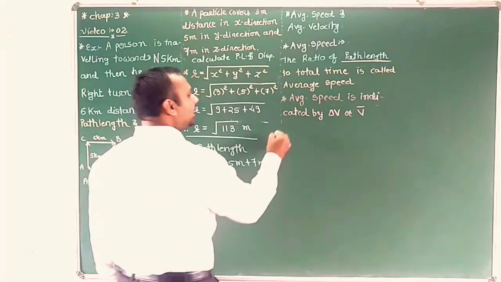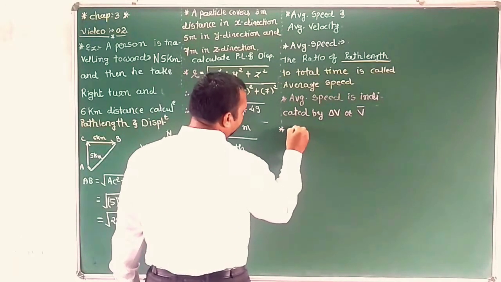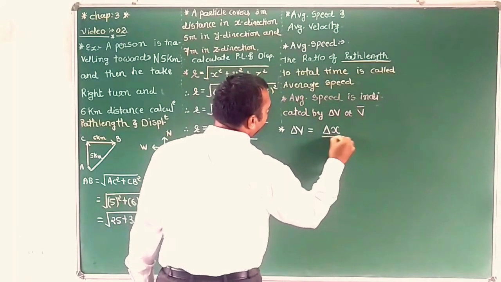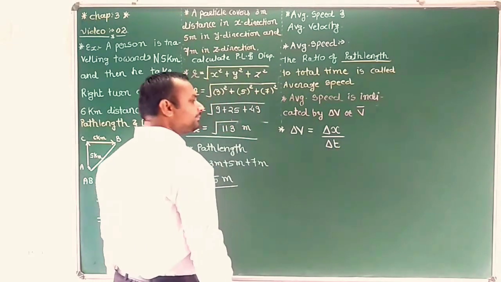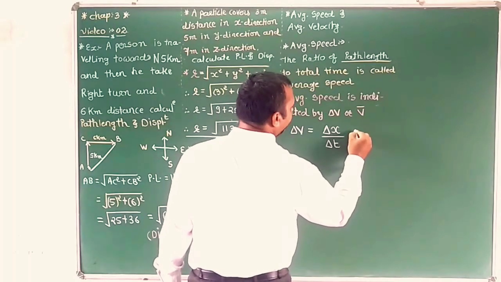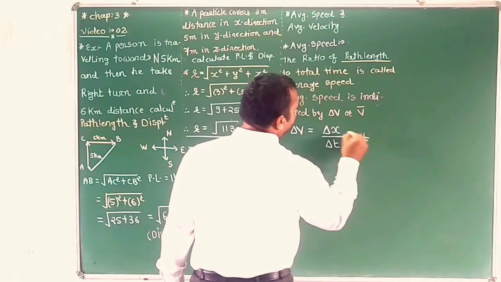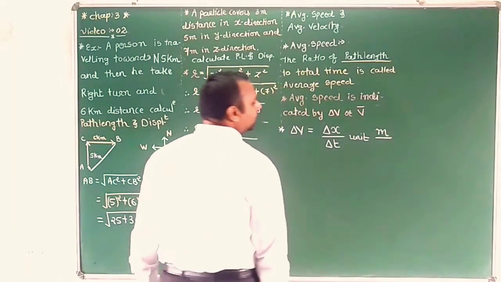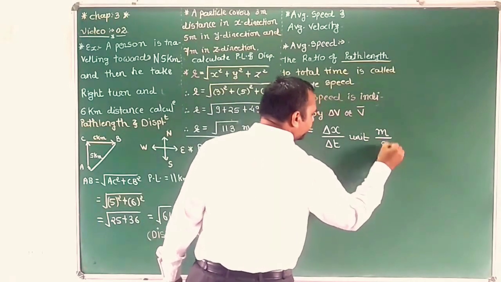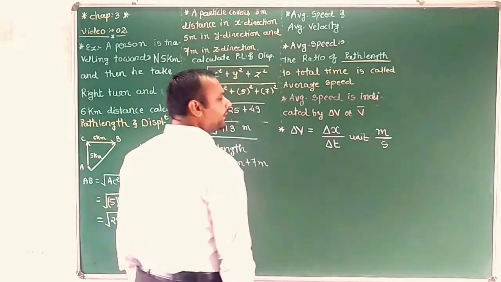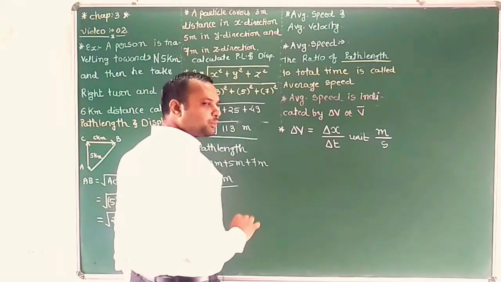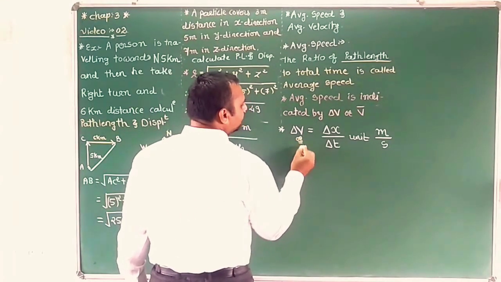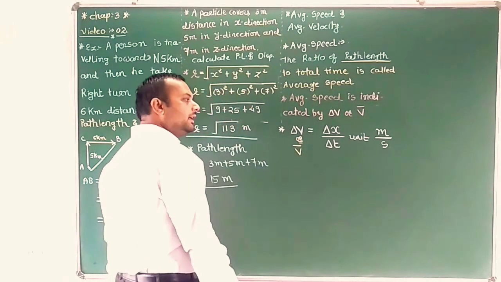And the formula we have just learned is delta v equals delta x upon delta t. The unit: delta x, the path length, is measured in meter, and time is always measured in second. So meter per second is the unit of average speed or velocity. Let me indicate here, delta v, or it can also be indicated by v bar.